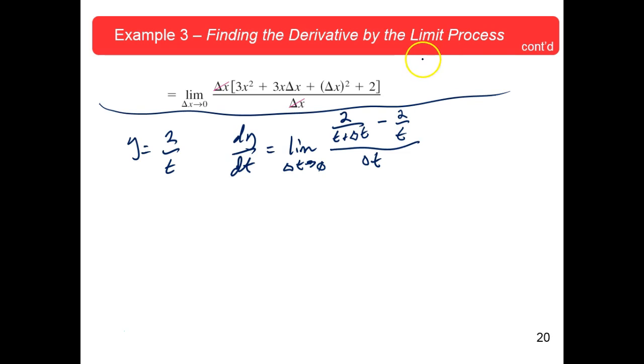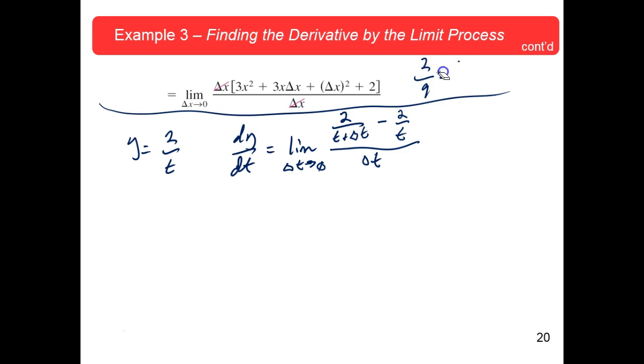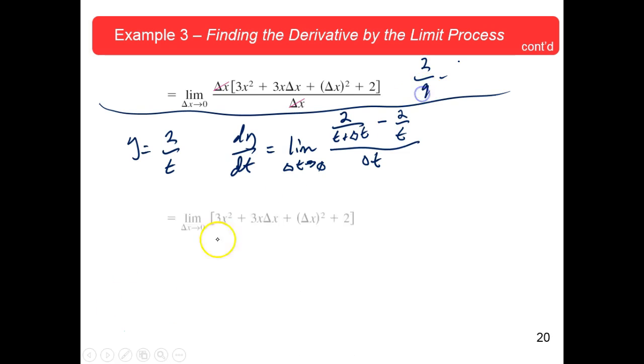Okay, if this were 2 over 9 plus, or minus 2 over 2, that won't work. 2 over 4, no, why did I choose such a lousy one? Let me erase that.